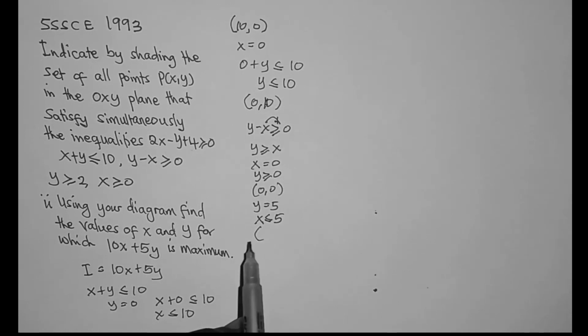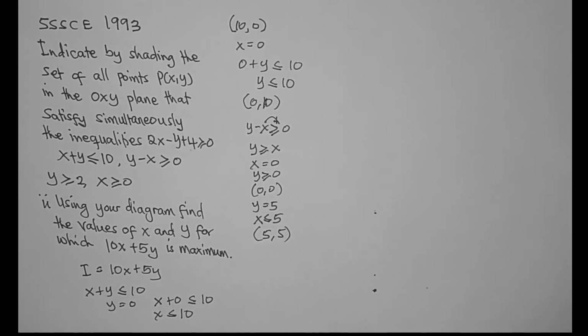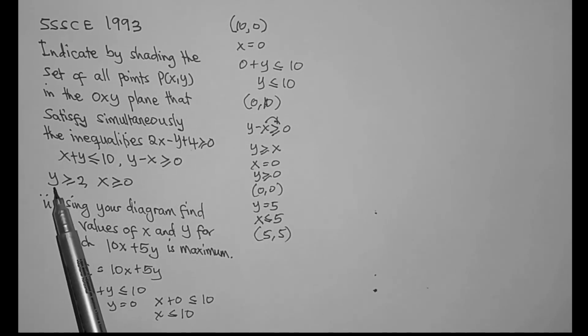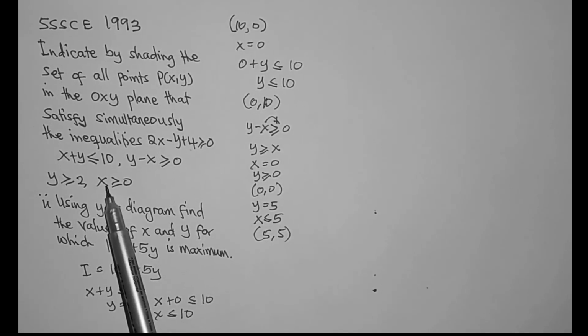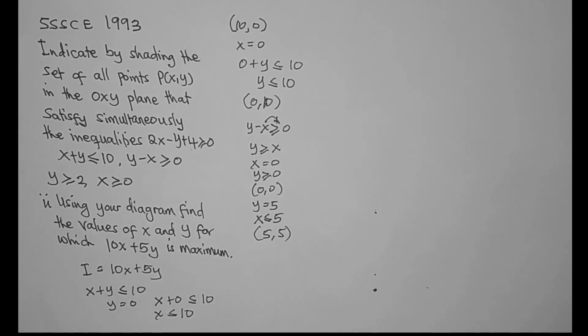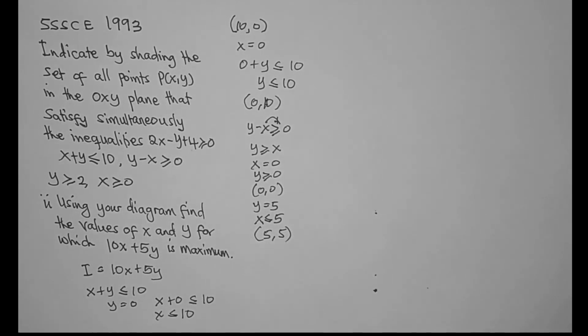And therefore we also have the point 5, 5 on that constraint. The next ones are the line y is greater than or equal to 2 and the line x is greater than or equal to 0. So let me write down the coordinates, and then we are good to go.